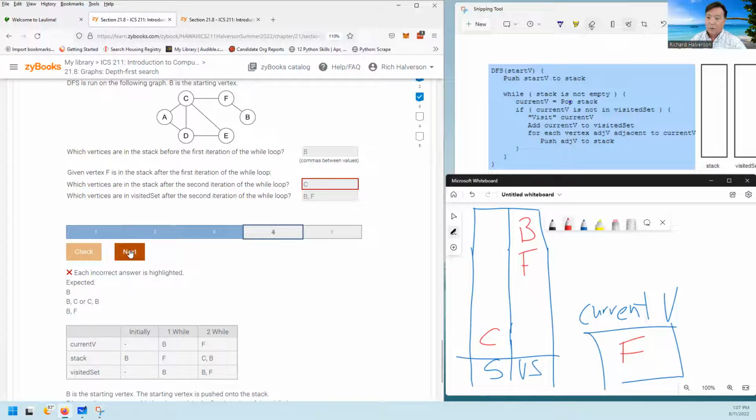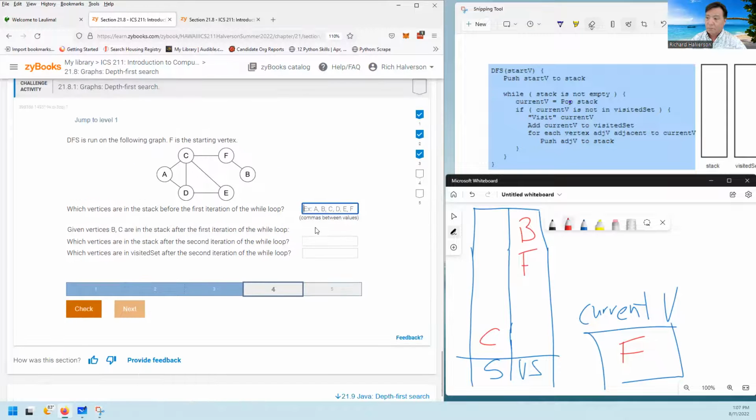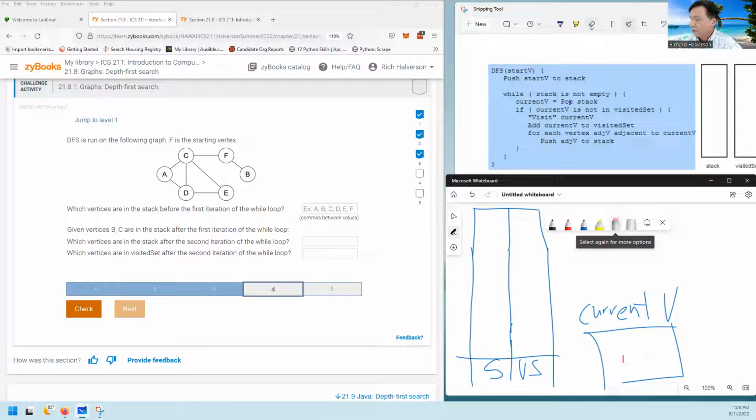All right, I'm going to do this one more time. I could erase a bunch out of here, but I'm not going to. You should be able to. After you get this right, you can just skip forward to the next one, okay?